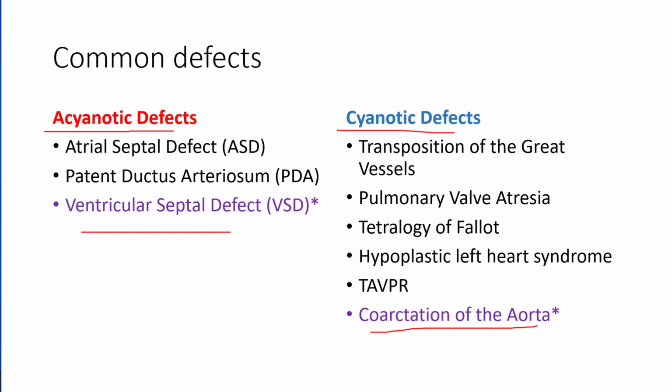Depending on the severity of these conditions, they can become a cyanotic type defect from previously being an acyanotic defect. So they can be a little bit of a mixed bag, but I have these kind of mixed here. So just bear in mind that some conditions can technically be a bit of both, but VSD is typically viewed as acyanotic, and coarctation, again, we may even see it on this side as well. We'll get into it a little bit.